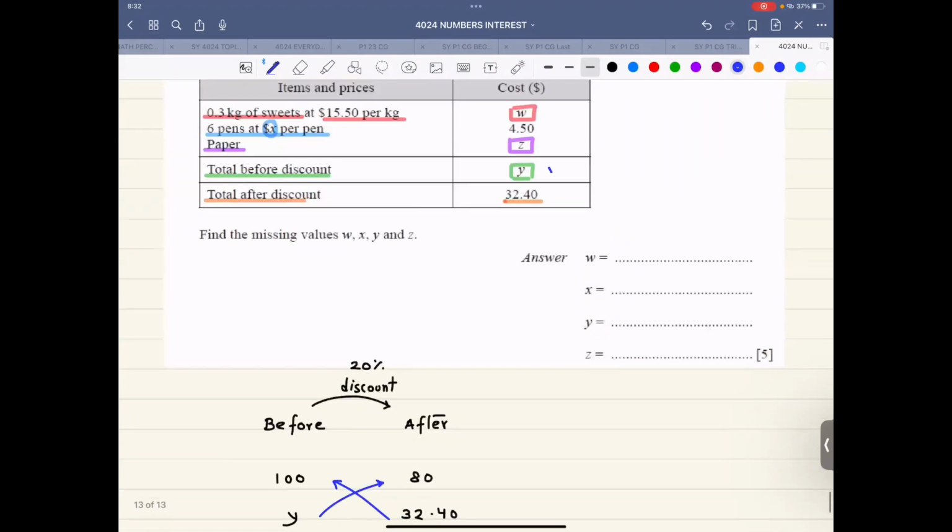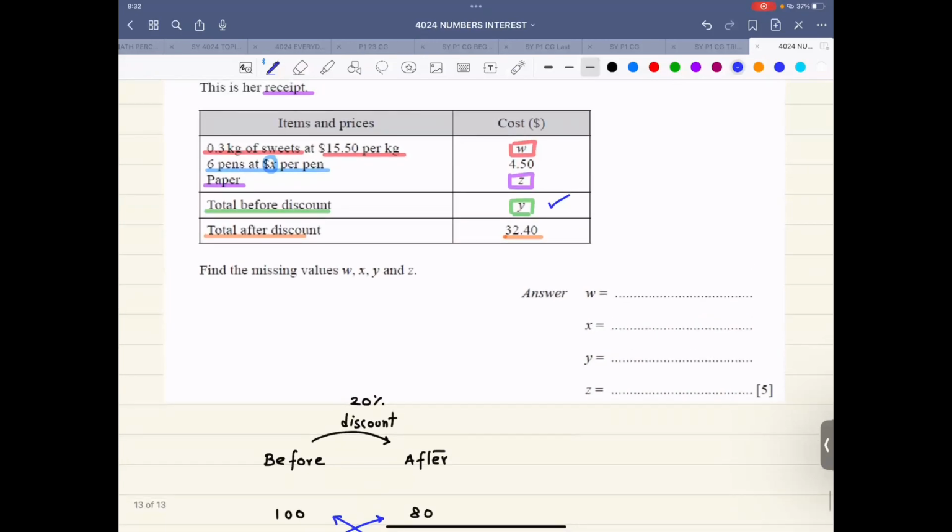So Y is done. Now this is a simple calculation. W is 0.3 multiplied by 15.5, because the rate multiplied by the number of kilos gives you the amount. 0.3 times 15.5 comes out to be $7.75.